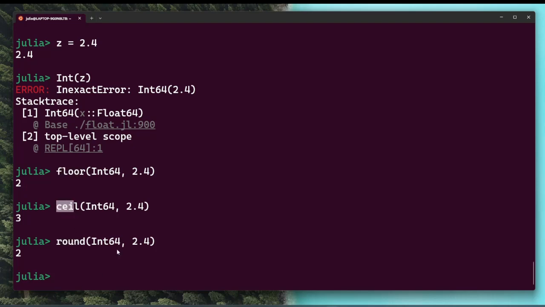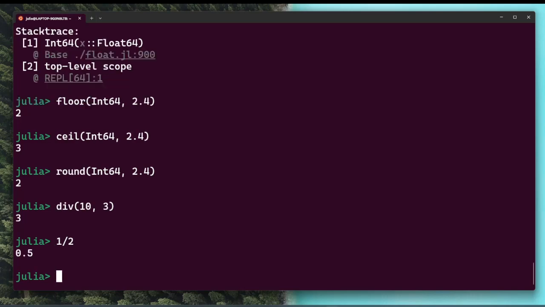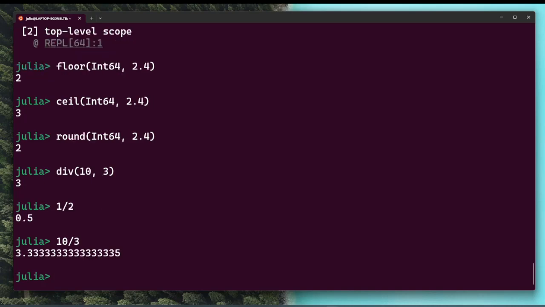The other one we would go through is the integer division. So if we see, we can divide 3 by 3, it doesn't give a remainder. That's the thing. 1 by 2 is 0.5, and 10 by 3 is 3.33.